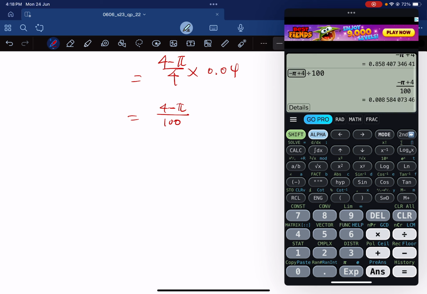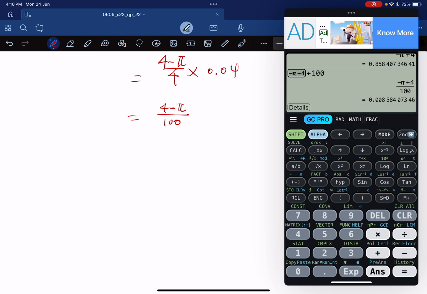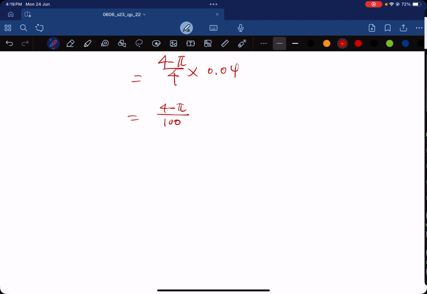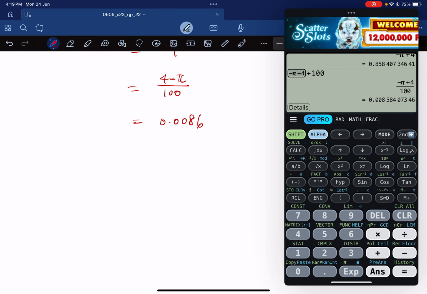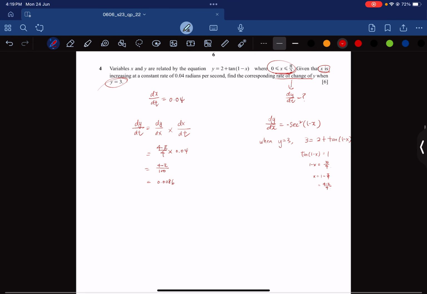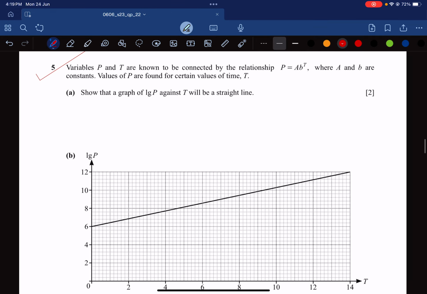It's roughly 0.0086, yeah, something like that. All right, let's look at the next question.